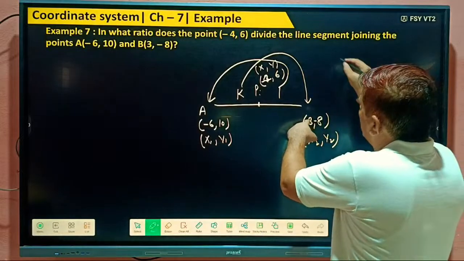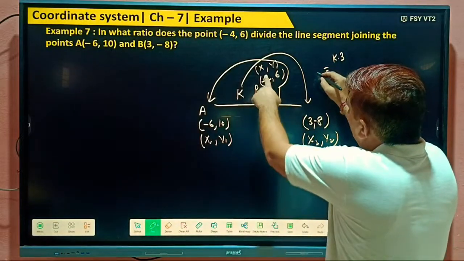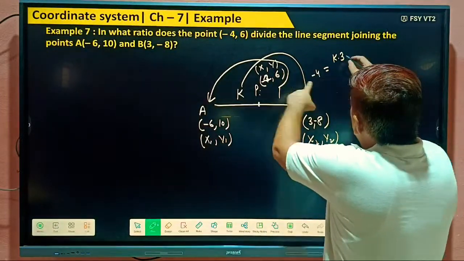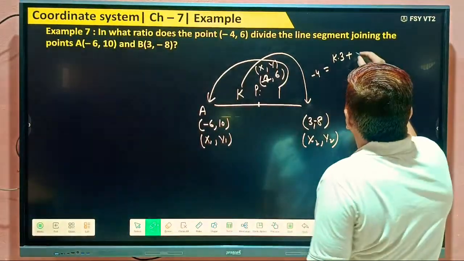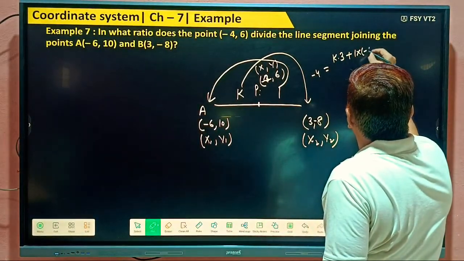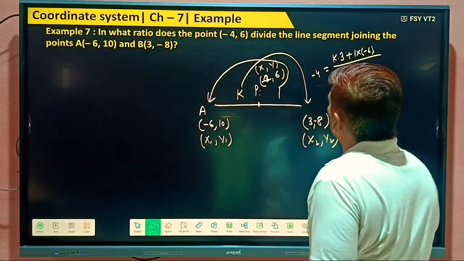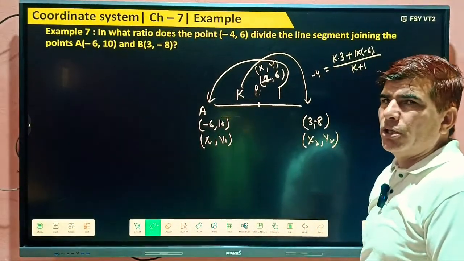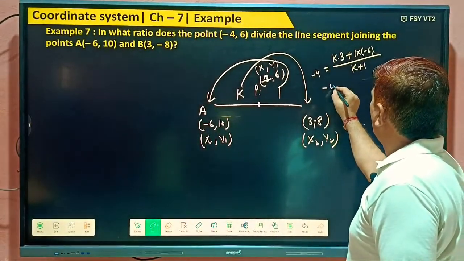So K into 3 plus 1 into minus 6, by K plus 1, equals minus 4.